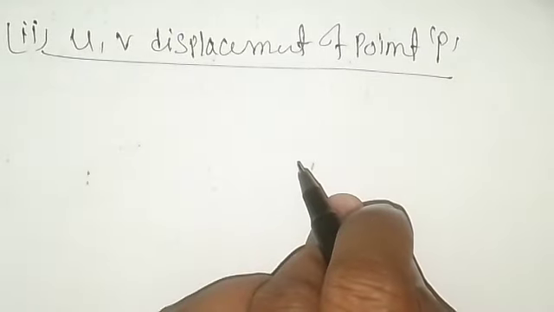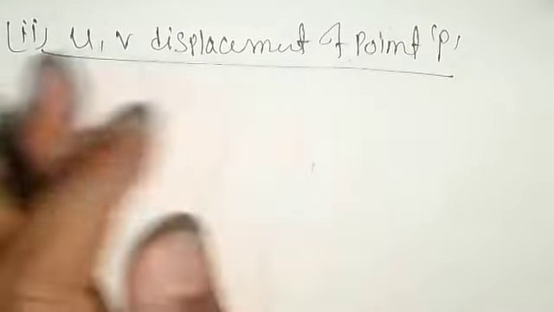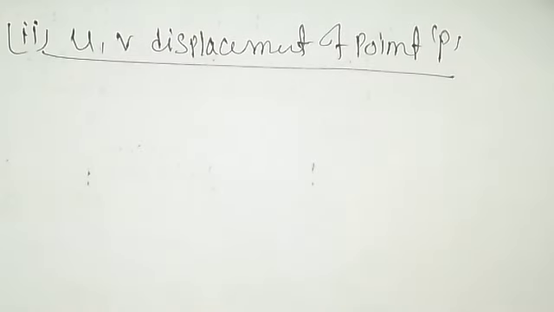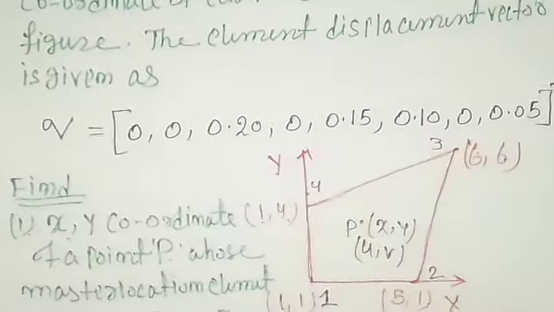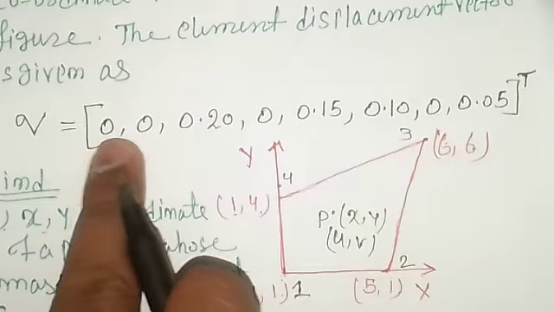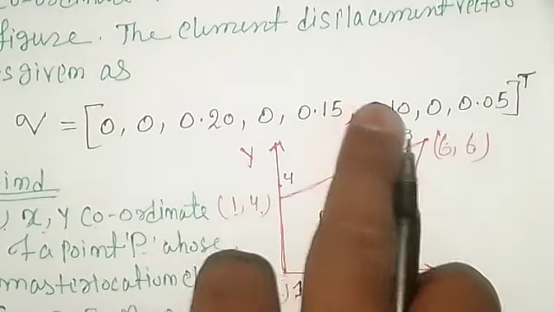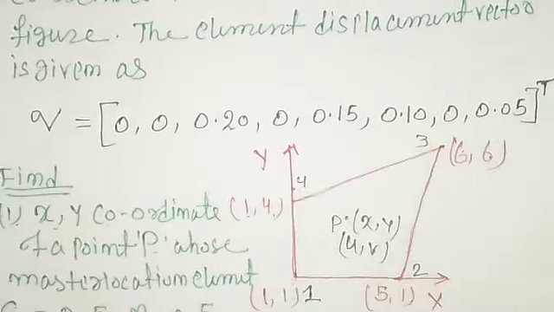For that we have to use the same method. The UV displacement of point P means the nodal displacement, which is given in the question, that Q is equal to these values, right? So this is U1, V1, U2, V2, U3, V3, U4, V4, right?